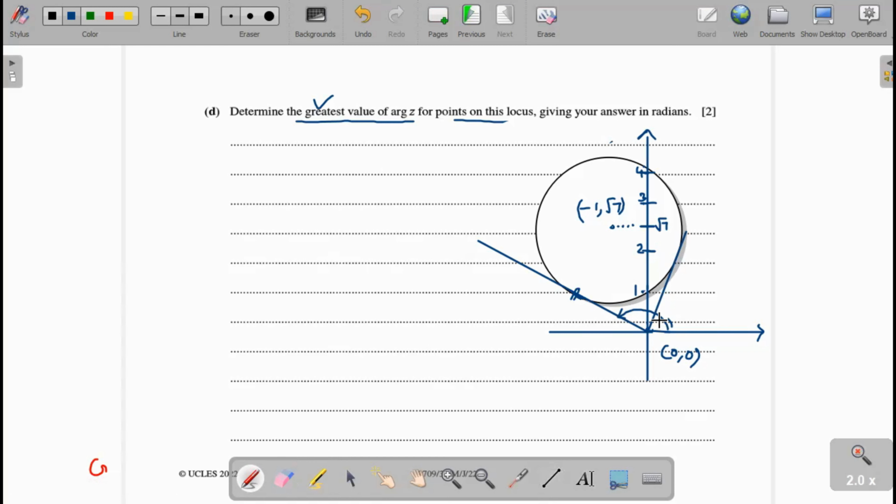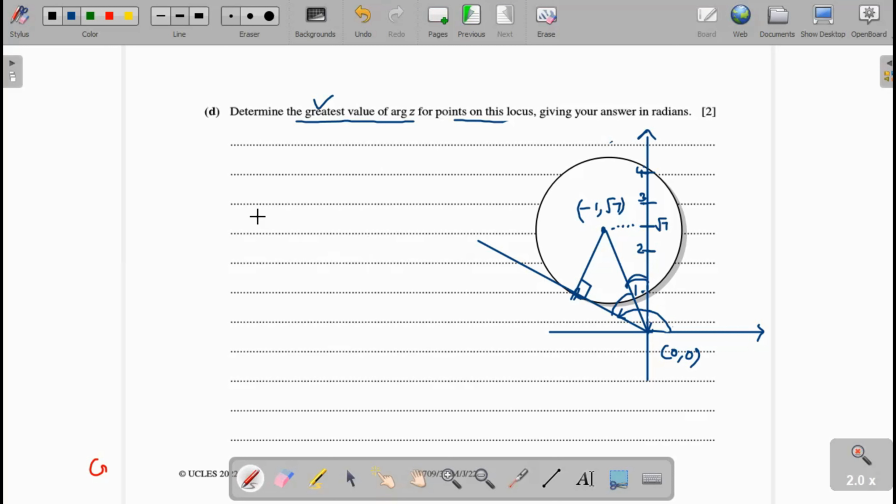Now we find this angle. This is the total angle we have to find. We see that this is the radius of the circle, and the radius of a circle is always at a right angle to the tangent. Now to calculate the angle, we split this. After this, we can calculate this angle, and this is the second angle we have to find.